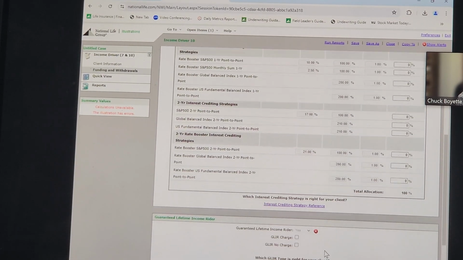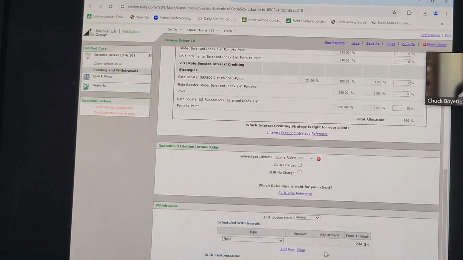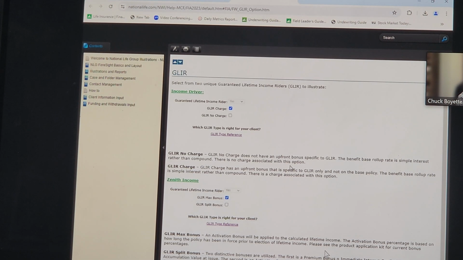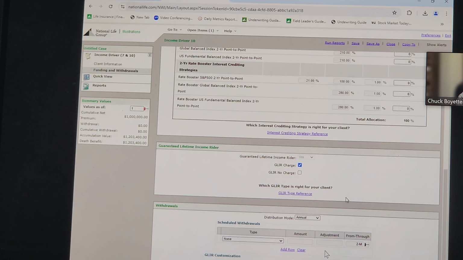And then we're going to scroll down to our rider options, and we're going to select the rider charge. And if you forget what that is, if you select the term on the left, it'll give you what the options are and explain them. All right, so getting out of that, we've selected our rider charge, and then we're going to go down to withdrawals, and we're going to select the rider.